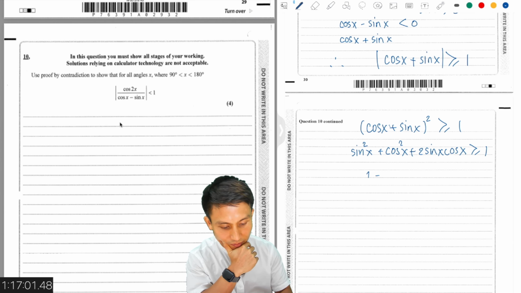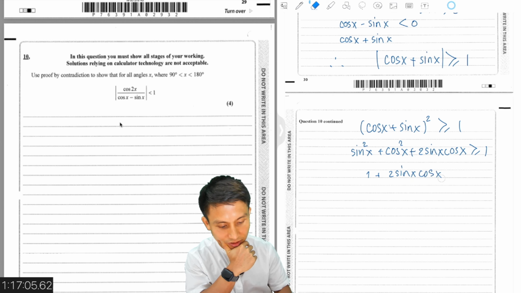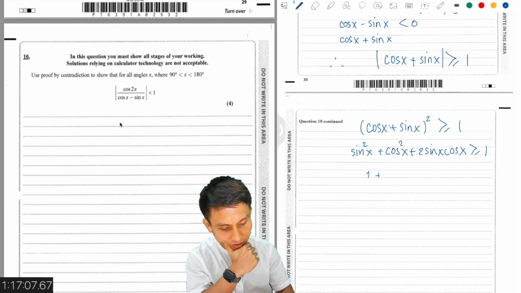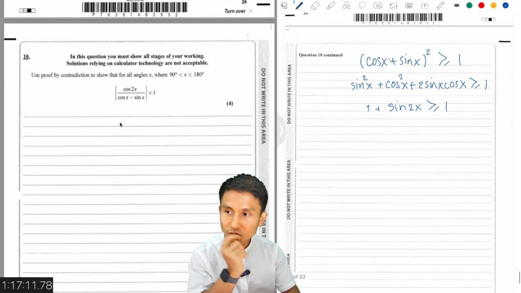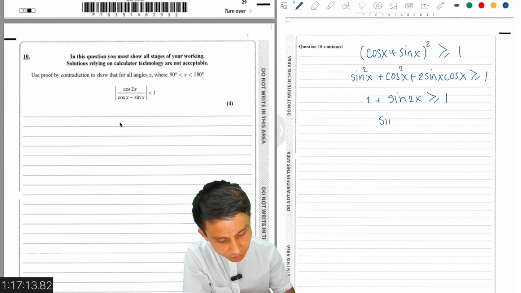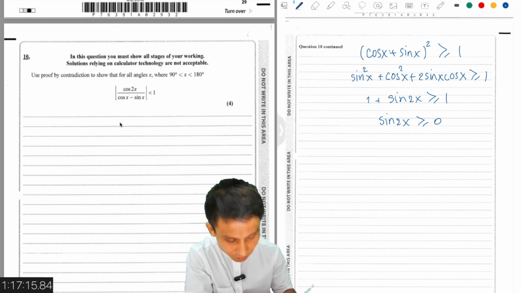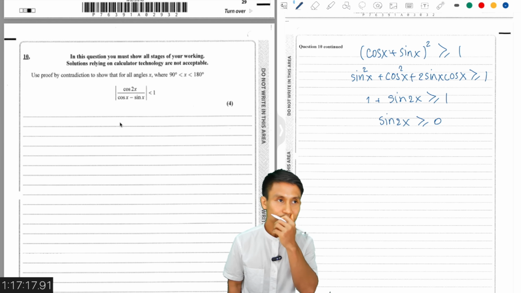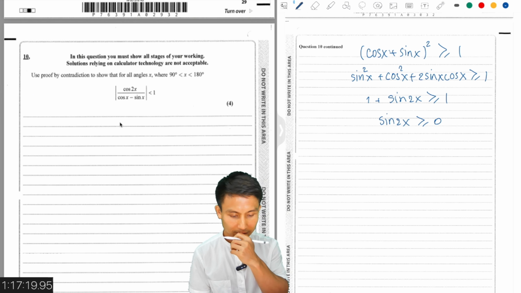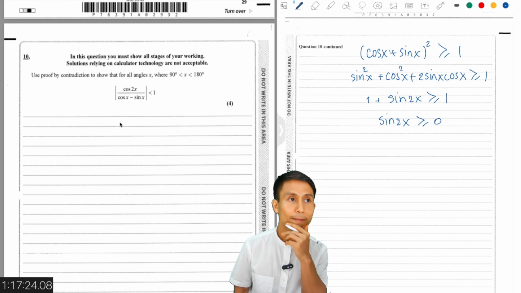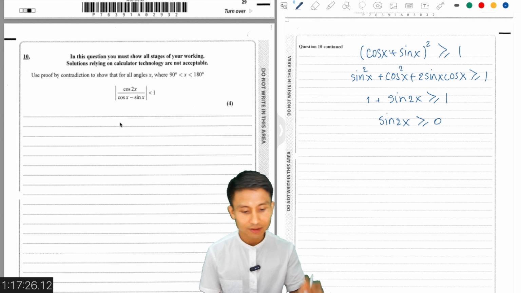And then this is 1 plus 2 sine x cos x, which is just a double angle, right? So that's just sine 2x greater than or equal to 1. So now we are arriving at sine 2x greater than 0.